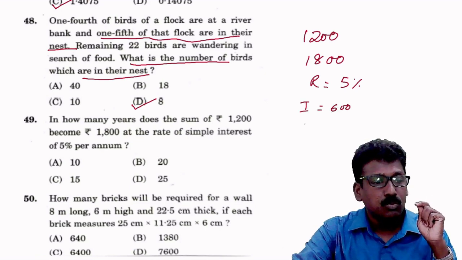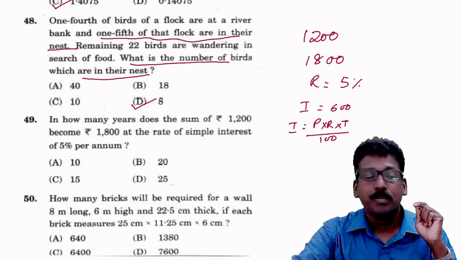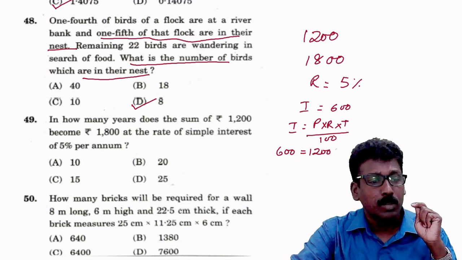And you know the formula I is equal to P into R into T by 100. Here interest 600 is equal to 1200 is the principal, rate is 5 into time we want to find out by 100.